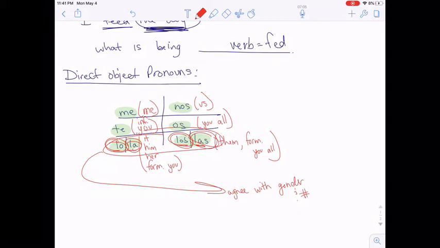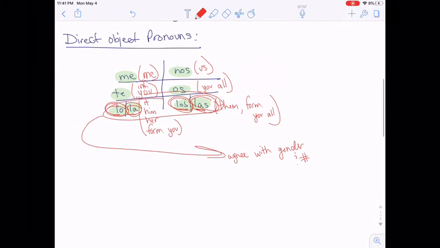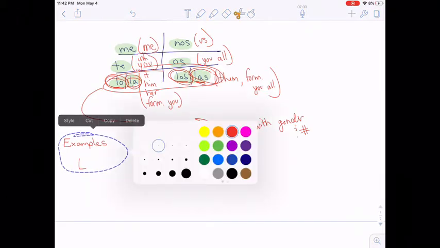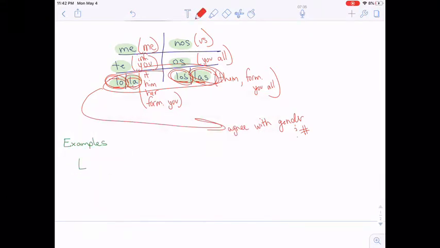We have it, him, her, and then the formal, you, the lot, us, you all, and them, or the formal you all.